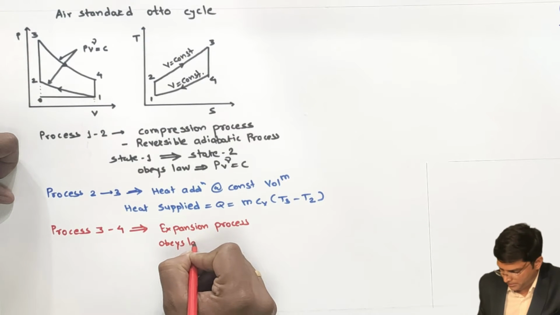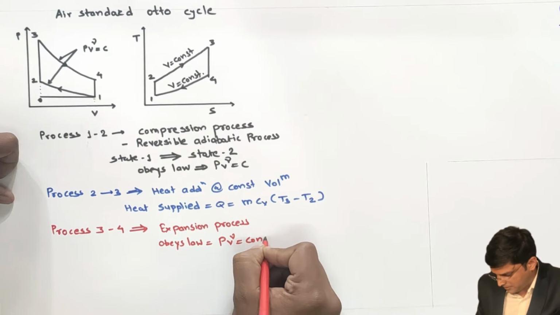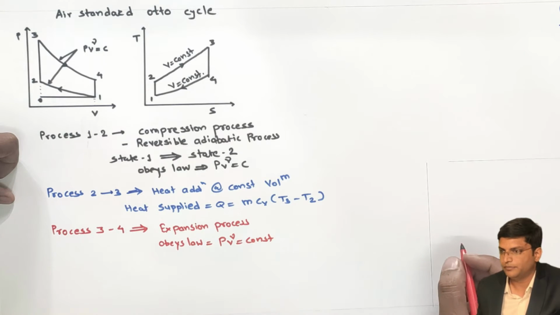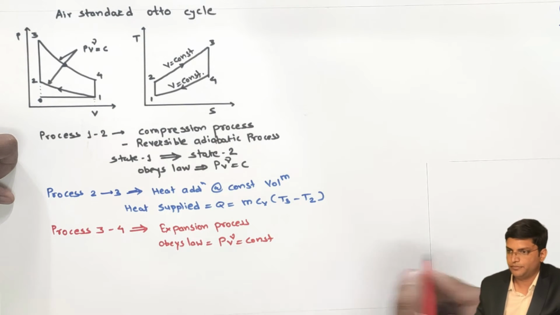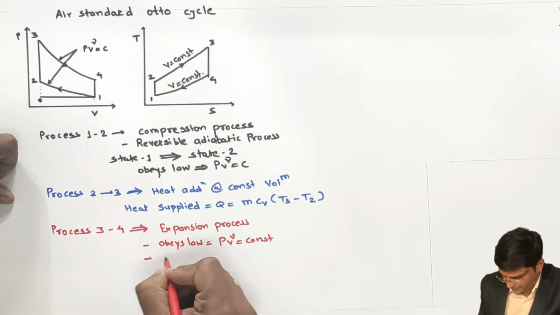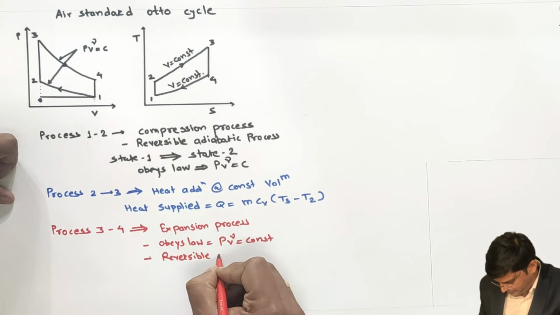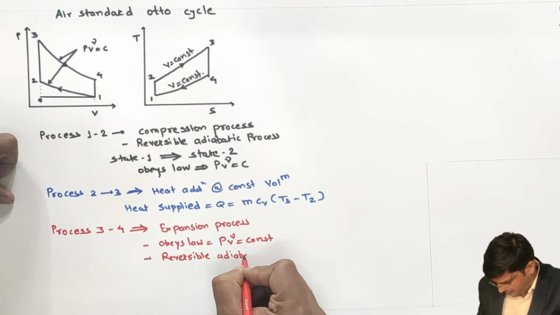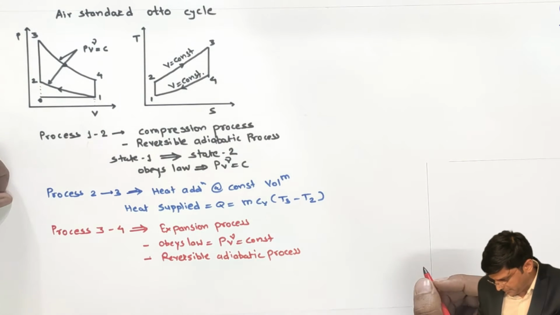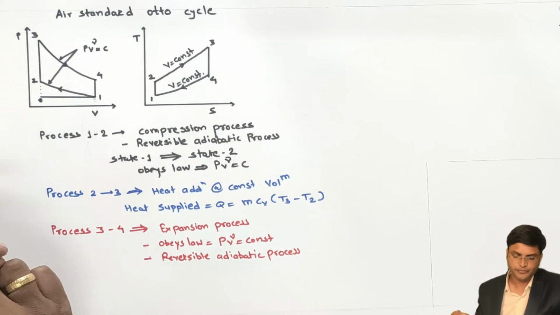It also obeys the law PV raised to gamma is constant. And also it is a reversible adiabatic process. That means heat flow through the wall remains constant.